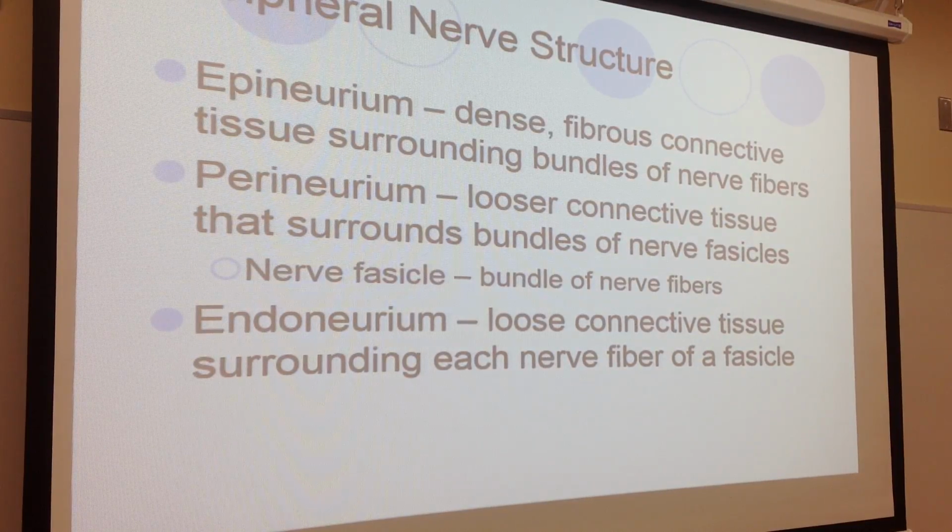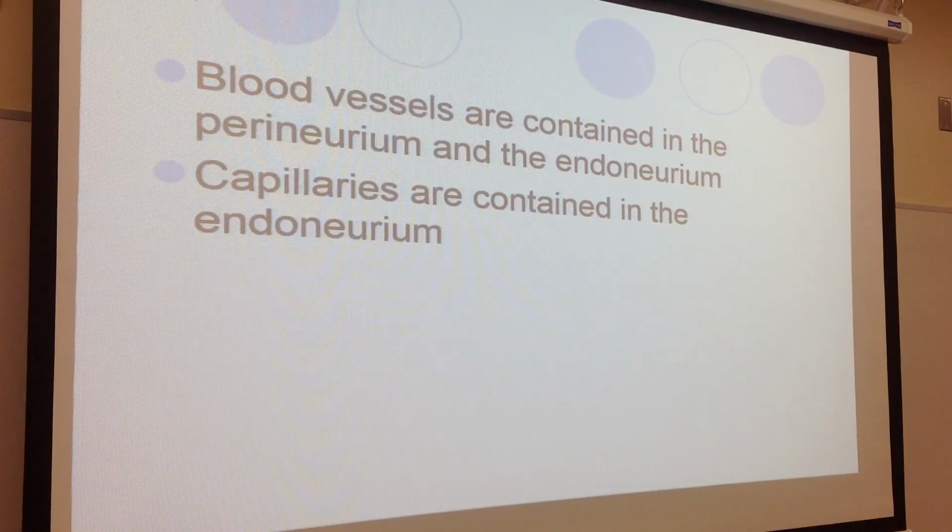And then each and every axon, each and every fiber is surrounded by a separate little connective tissue covering called an endoneurium. All right, and there you go. Same basic kind of process for naming these coverings as we found in the case of the muscles.